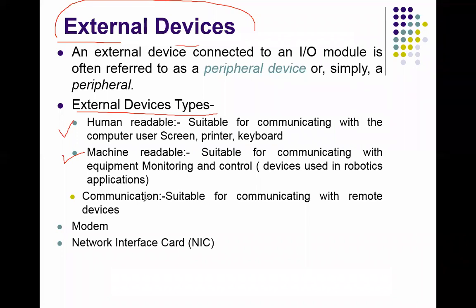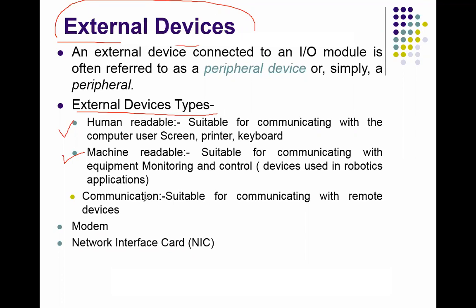The sensor detects the obstacle and your robot is changing the direction, but you cannot understand that signal, right? But a robot can understand. So the machine can understand, that's why machine readable. So there are some external devices that the machine can understand, like different types of sensor equipment which are used for monitoring and control.